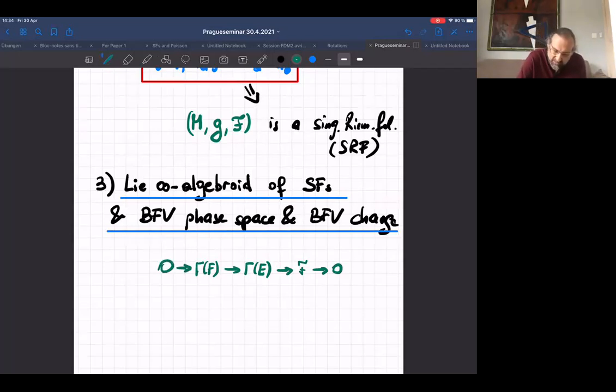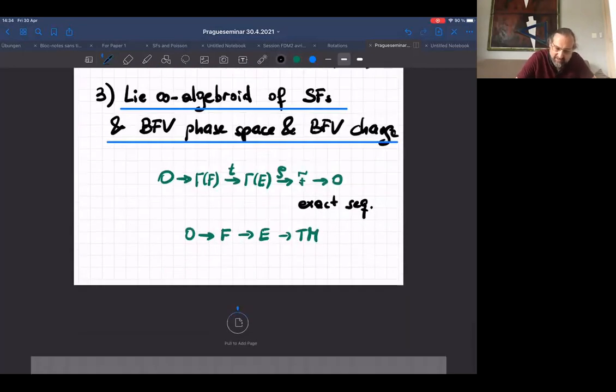This one map is often called rho, this map is called T. And on the level of sections, this is supposed to be an exact sequence. So it's a complex in particular, but it does not mean that this complex is exact.